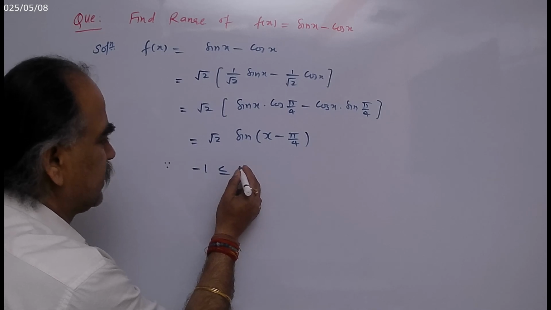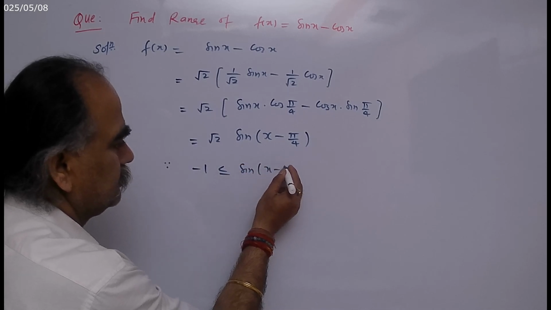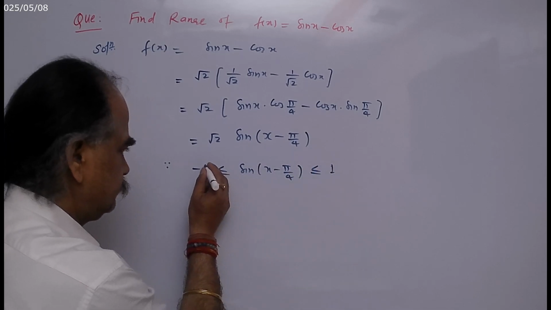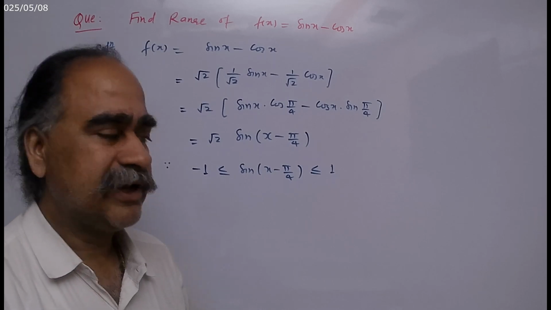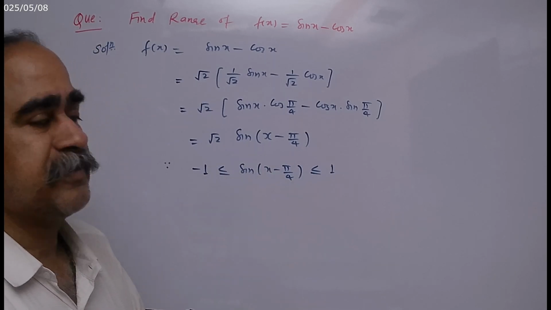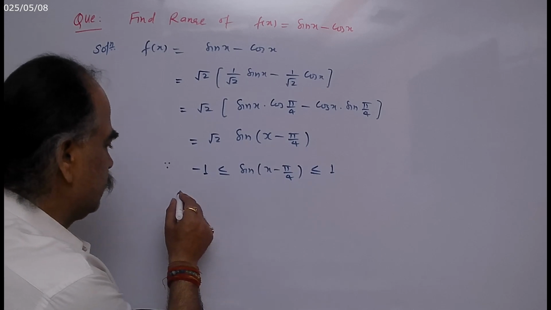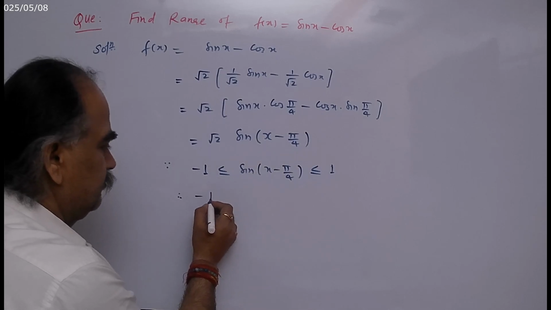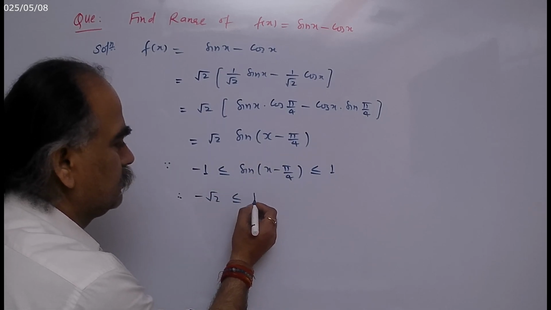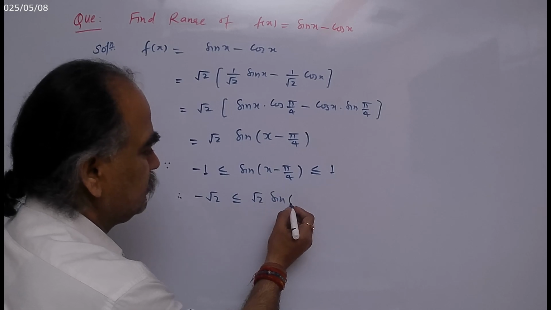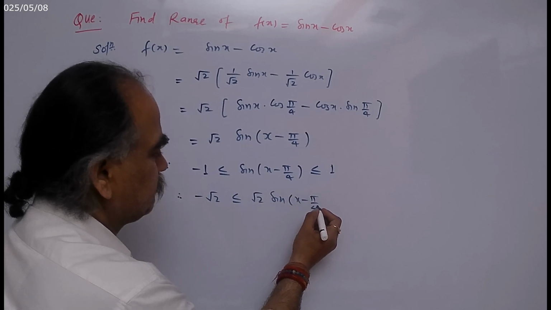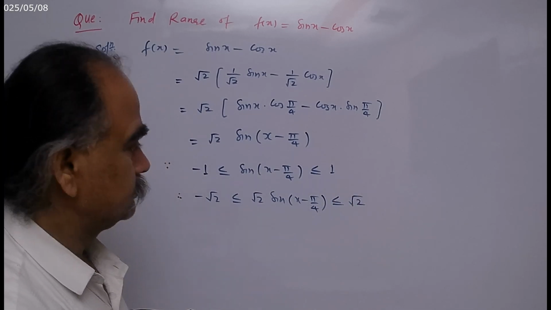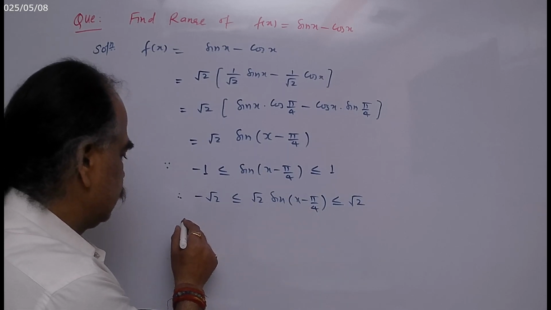Since -1 is less than or equal to sin, and it is less than or equal to +1, तो साइन की जो वैल्यू है वो -1 और +1 के बीच में होती है। Therefore we will multiply √2 to get this. So minus √2 is less than or equal to √2 sin(x minus π/4) is less than or equal to √2. ये हो गया आपका f(x).